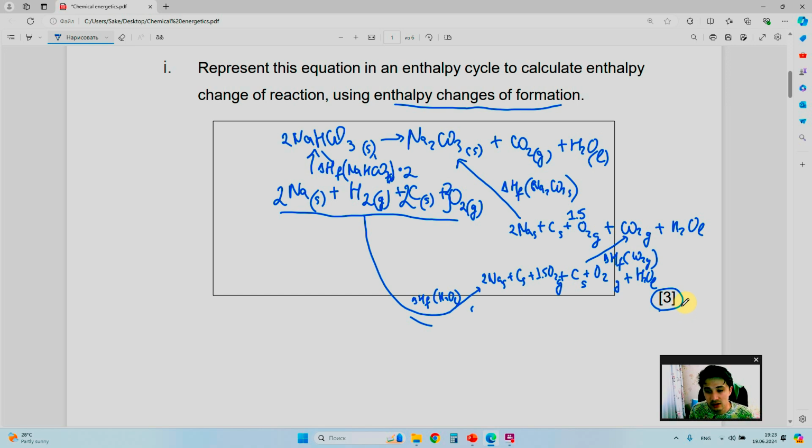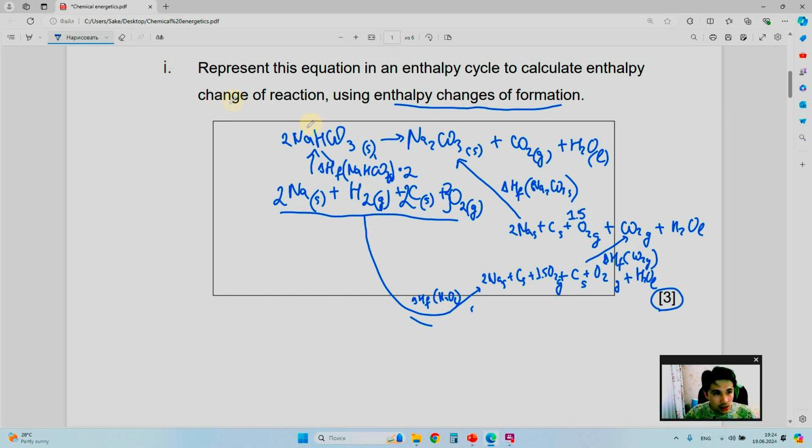So if you have everything in the appropriate amounts, your reaction will be balanced. Then second mark may be awarded for missing or not missing your aggregate states of reactions. And third mark could be awarded for assigning what type of formation or what type of enthalpy changes you're using here in the cycle. So you need to also label all of your arrows here as I did.